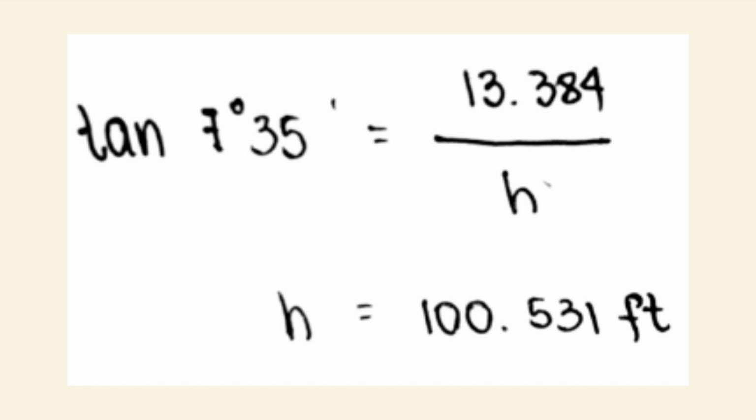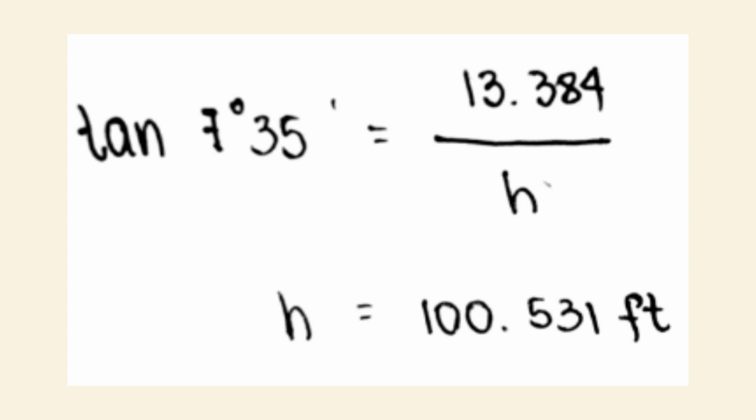XC, or the offset distance, is simply 4 multiplied by the length of throw. So that is 4 multiplied by 3.346 feet. So it will be equal to 13.384.